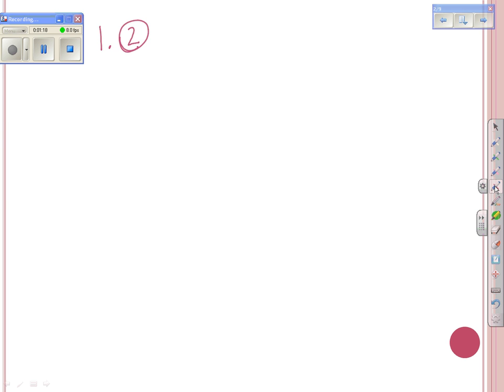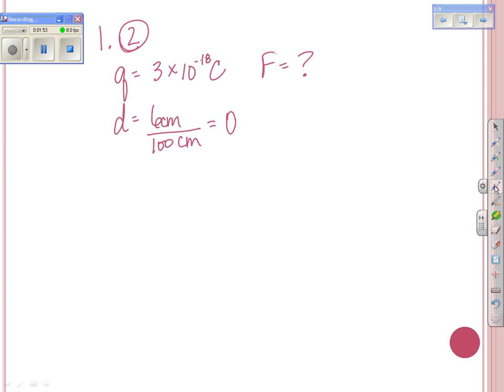A raindrop acquires a negative charge of, and we know that charge has the variable Q, of 3 times 10 to the negative 18th coulombs as it falls. What is the force? So we're solving for force of attraction when the raindrop is 6 centimeters from the bulb. So that's a distance, but it's in centimeters. So we're going to need to divide by 100 and convert it into meters, which would be 0.06 meters.